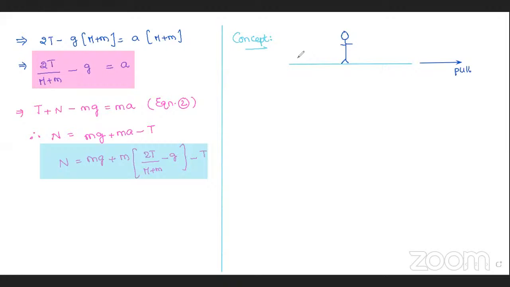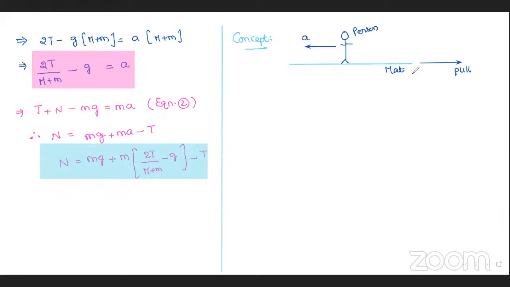He will fall back or forward, get hurt. If you pull the mat forward, the person will fall backwards.